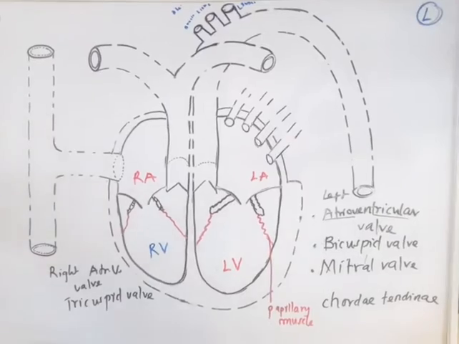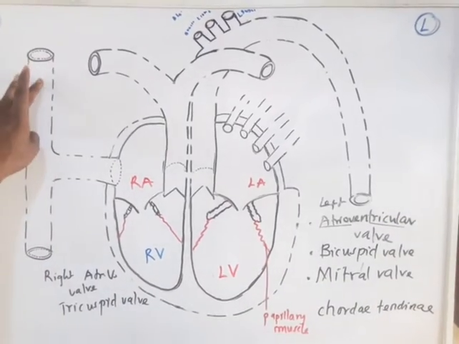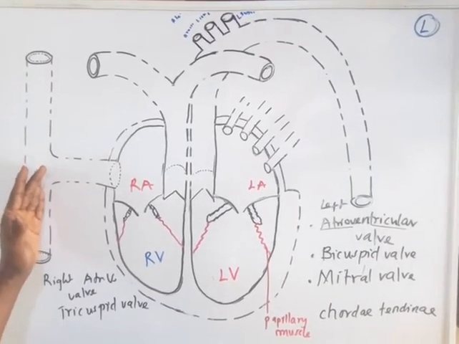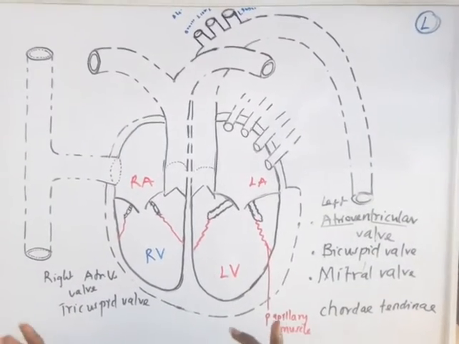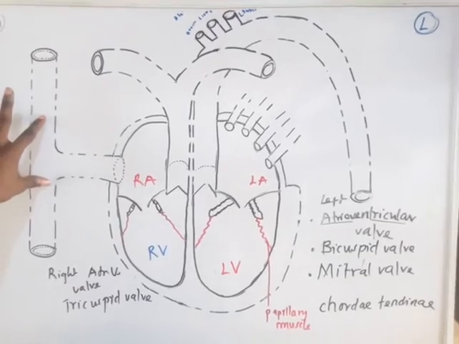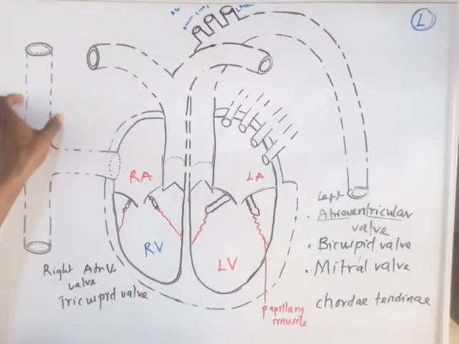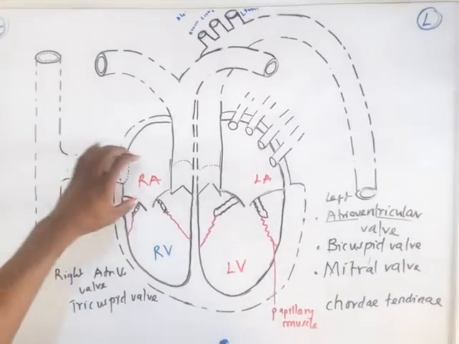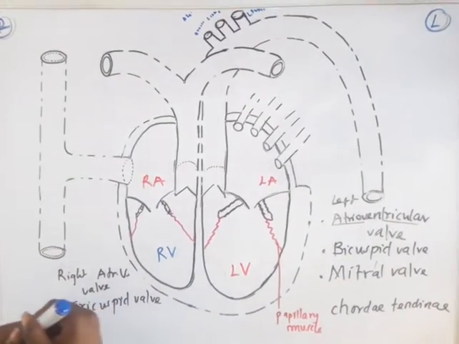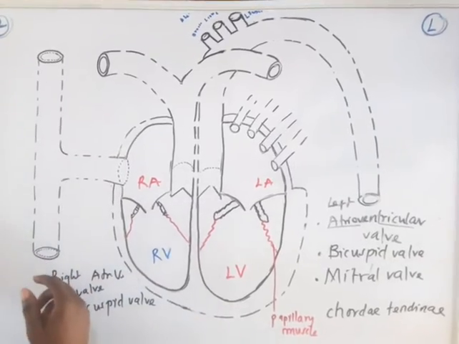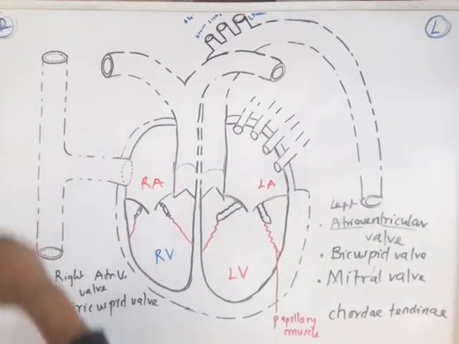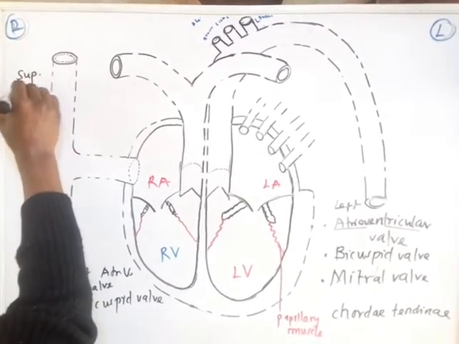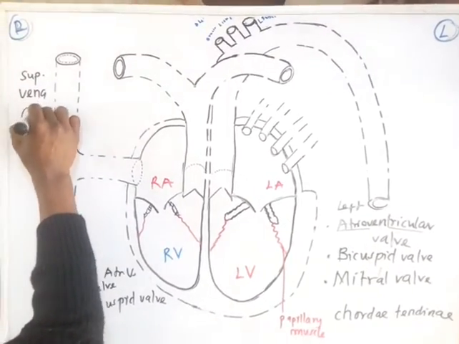Now here we have the vena cava, the major veins in the body. The top one drains into the right atrium; this is the superior vena cava.